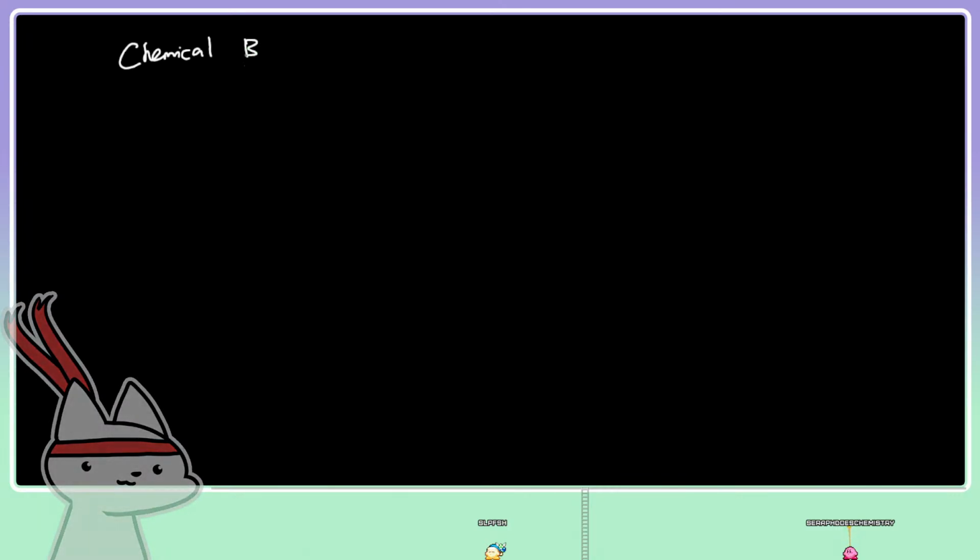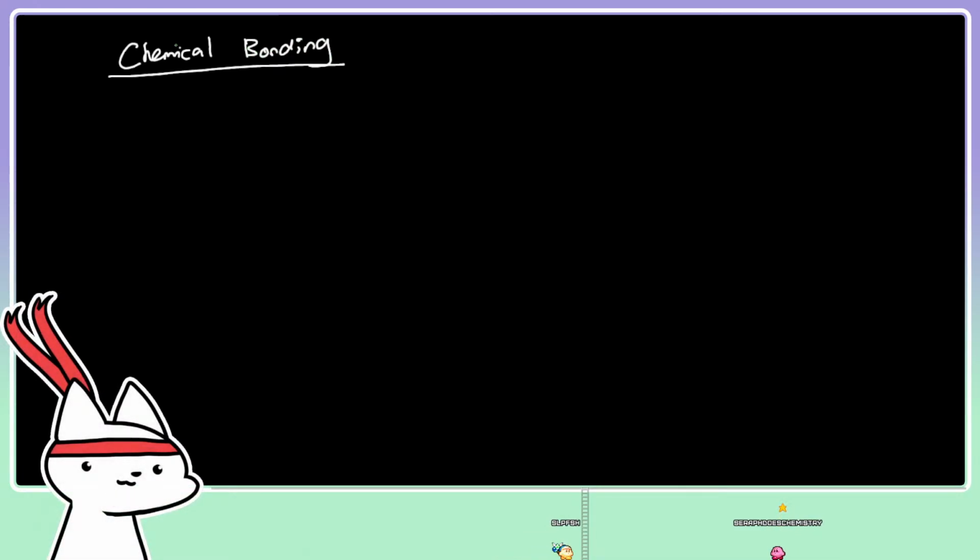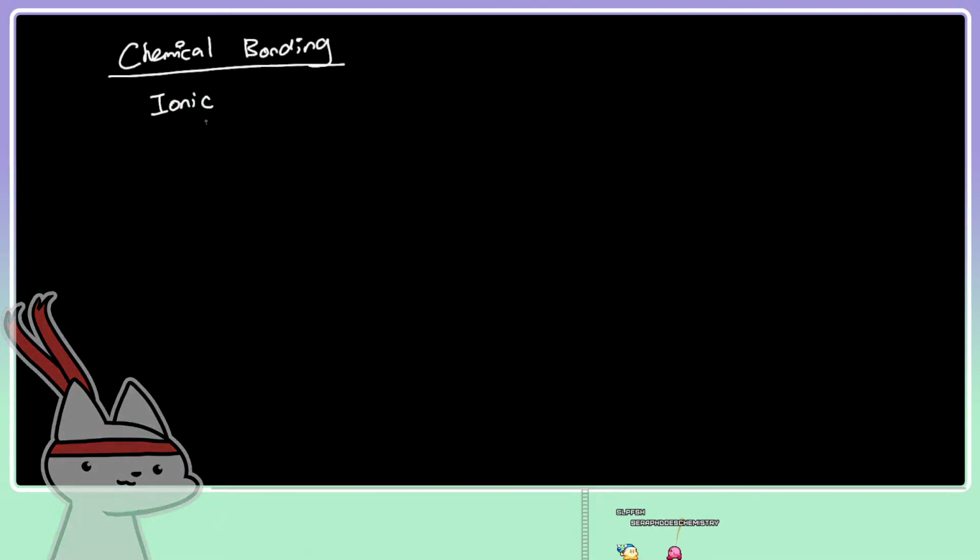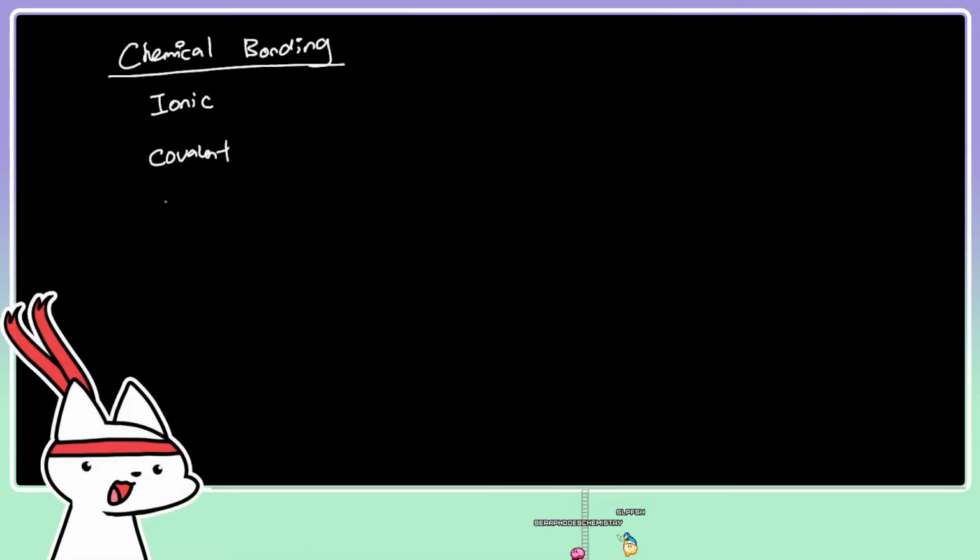Okay, so today we will be doing chemical bonding. In general, chemical bonding splits into ionic bonding, covalent bonding and metallic bonding.